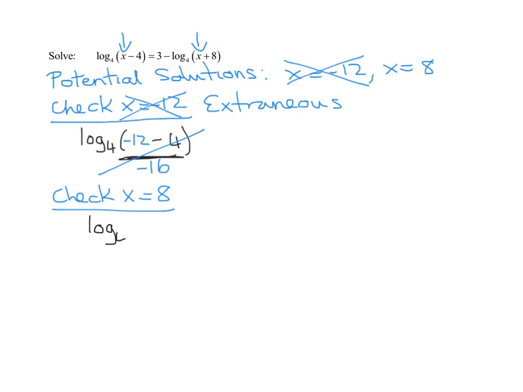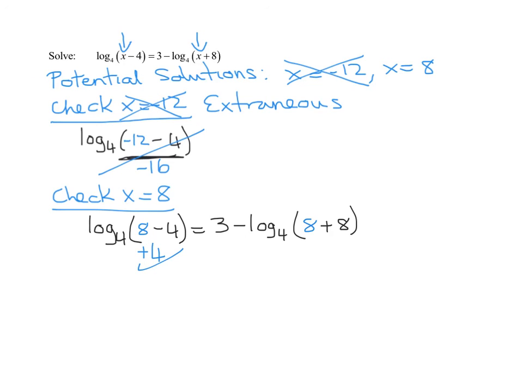So log to the base 4 of 8 minus 4 equals 3. Oh, I forgot to check. So let's look at what 8 minus 4 is. 8 minus 4 is positive 4. I'm happy. So far, so good. Equals 3 minus log to the base 4 of, remember, I'm plugging into this one too, x is 8, plus 8.